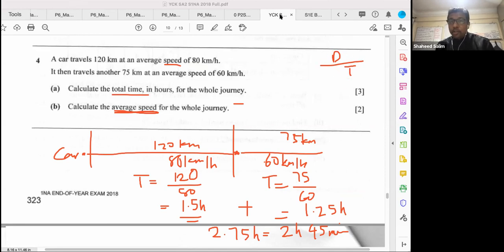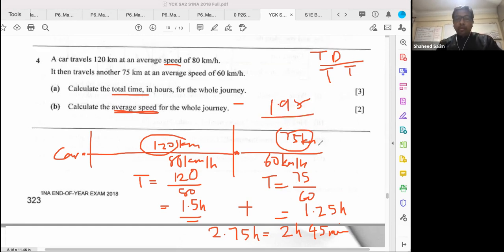But for average speed it is total distance over total time. See, total distance how much? 120 plus 75. You add them together, how much do you get? You get 195. Okay, 195 divided by total time, 2.75. So if you cannot find the total time, you cannot find the answer. So you divide, you get 70.9 km/h.